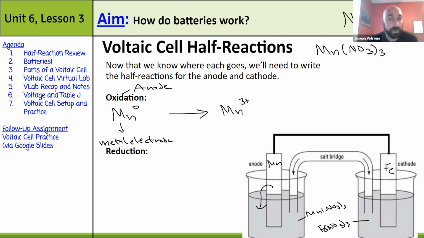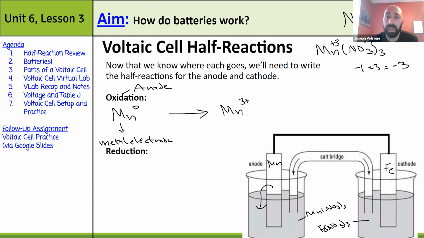Because each nitrate has a -1, there are 3 of them in this particular compound. -1 times 3 gives us -3 as our negative charge here. Therefore, in order for this to be a fully neutral compound, the manganese must be +3. So that's where we're getting this charge on this ion from.